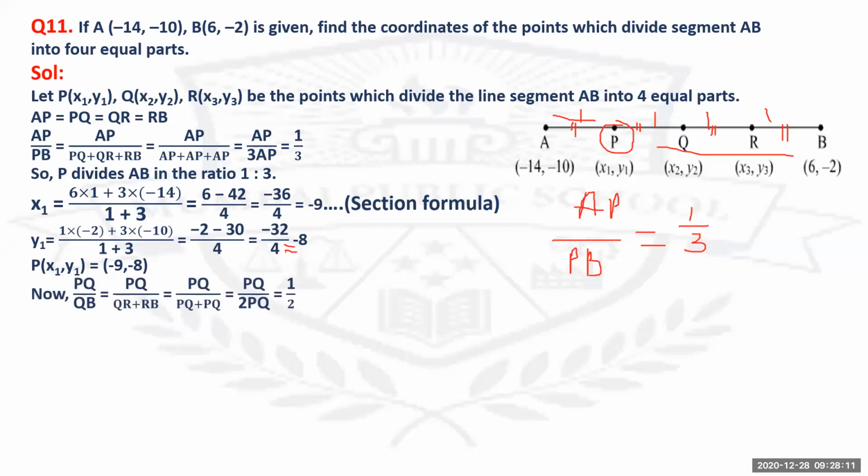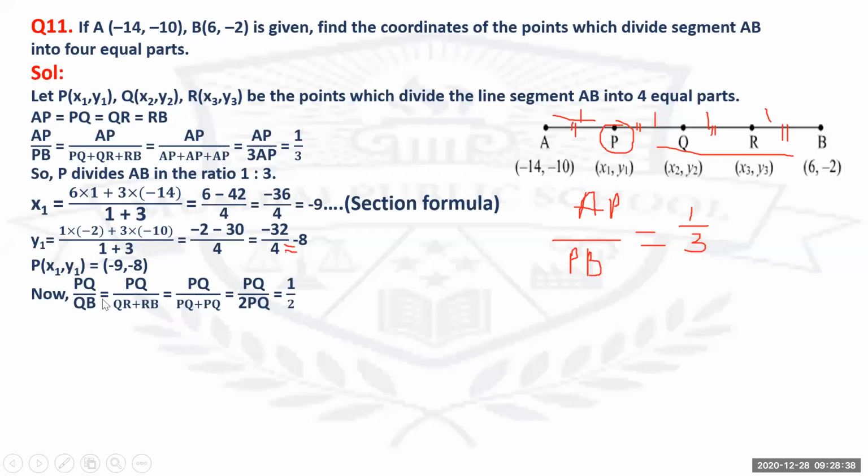Again, now when you're considering this point Q, you can apply the midpoint formula here, or you can apply the section formula. Again, as in the last question, here you can apply either the section formula or the midpoint formula.